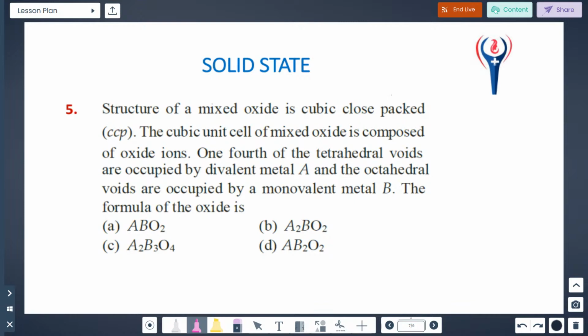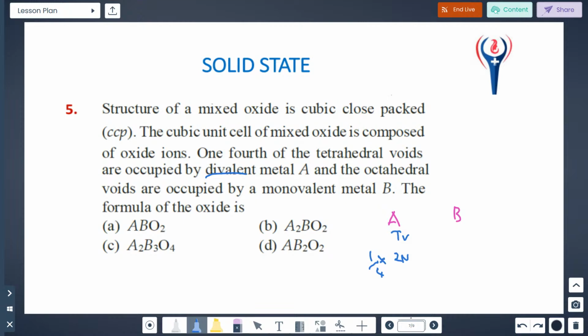So this is called A. We consider two elements, A and B. Tetrahedral, I put simply T. A is tetrahedral. The formula is 2N. So 1/4 into that. Understood? Are you following? 1/4 of tetrahedral voids by divalent.